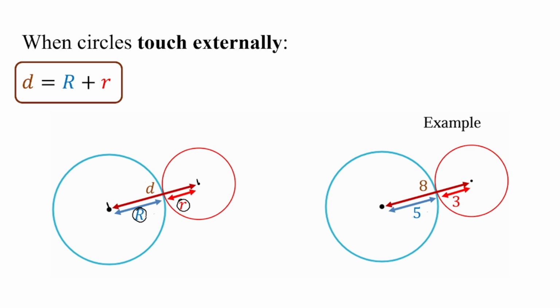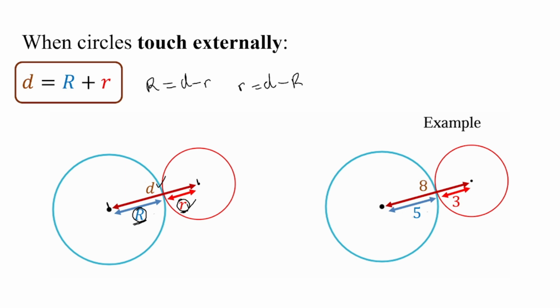We can even say that if we subtract the small radius from the distance between the two centers, we get the larger radius, like this: R = d - r. Or if we subtract the larger radius from the distance between the centers, we get the smaller radius: r = d - R. This may assist you to realize that the circles touch externally.